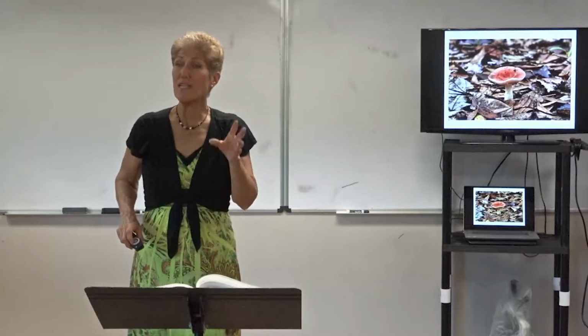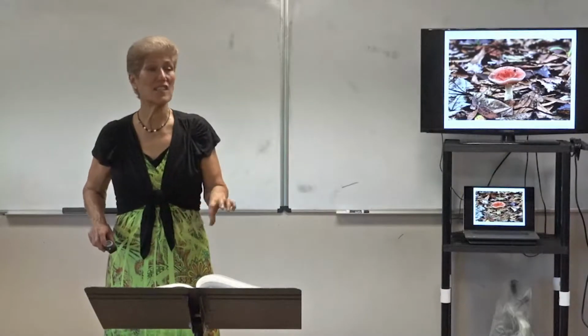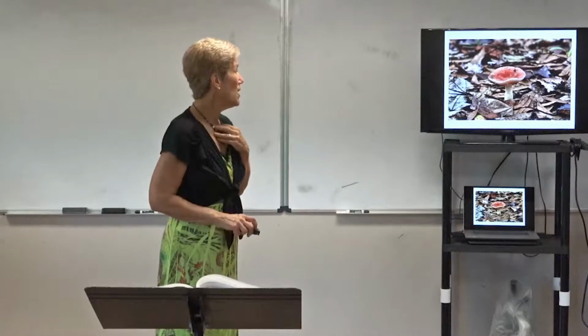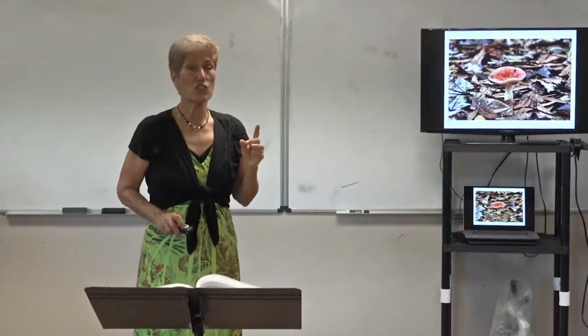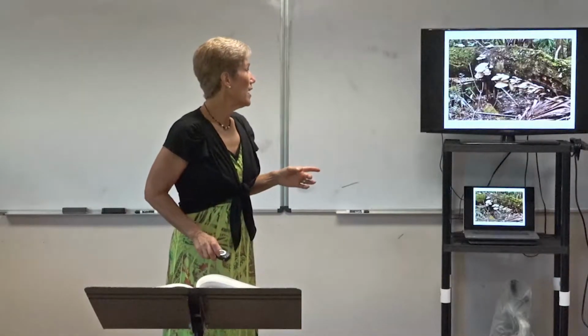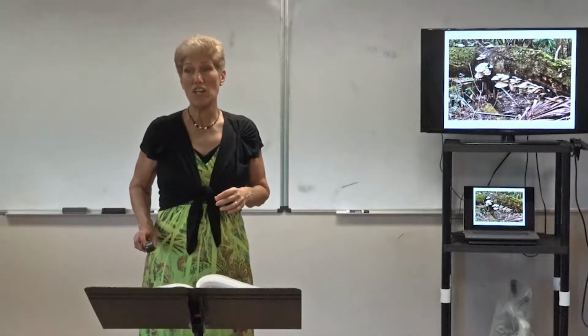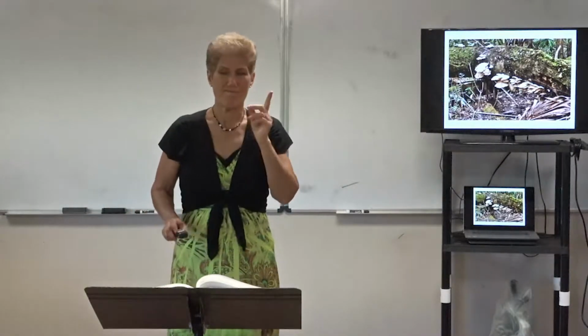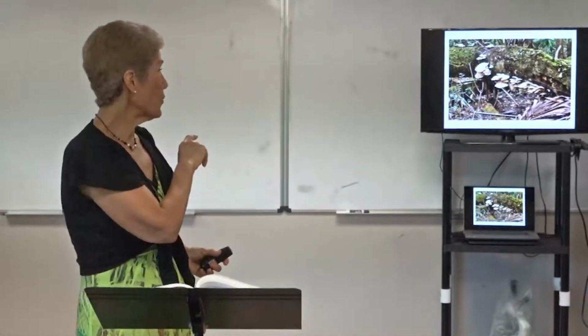So the thing that recycles the leaves and the dead things and puts nutrients back into the soil are different types of fungi. Now that's a mushroom. That's just a fruiting body of a fungus. That's showing you some shelf fungus, which are actually the fruiting body. If I showed you an orange tree, the orange would be the fruiting body, and then the tree is the rest of it, right? These are fruiting bodies.